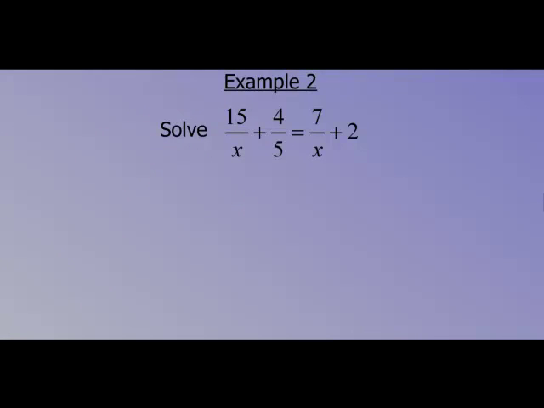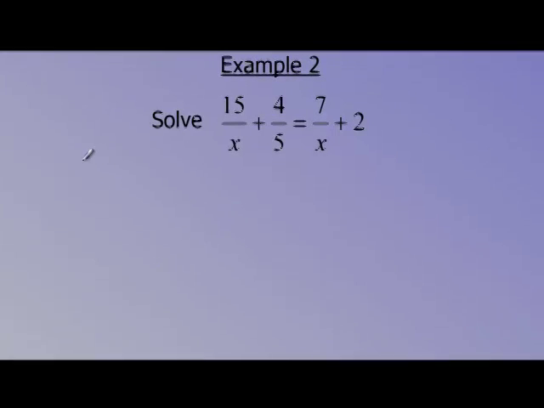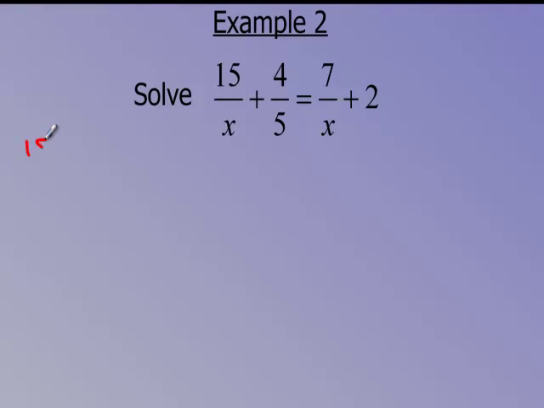In example 2, we're going to solve for x. X is in the denominator. It's on both sides of the equal sign. So what I have here is 15 over x plus 4/5 equals 7 over x plus 2.